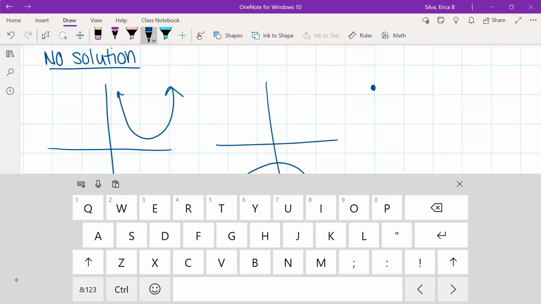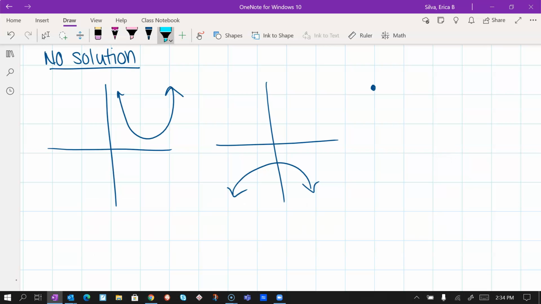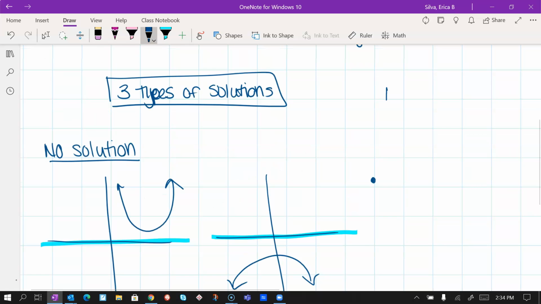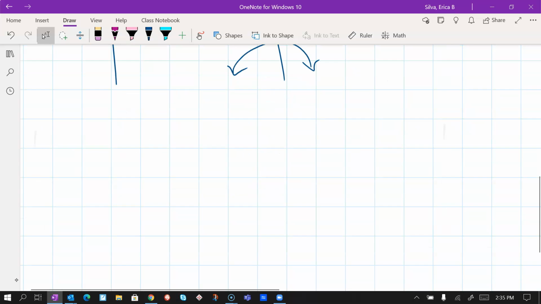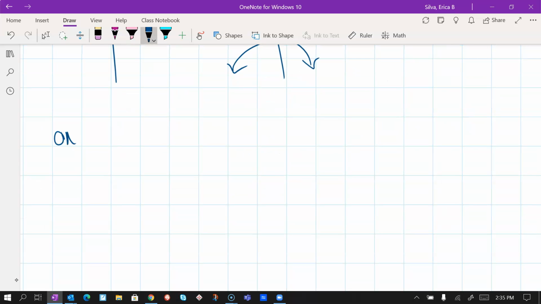Because we're looking for x-intercepts, if you notice, this is my x-axis. Notice how the graph is not intersecting at all. So there are no x-intercepts, so it does not cross or intersect the x-axis.